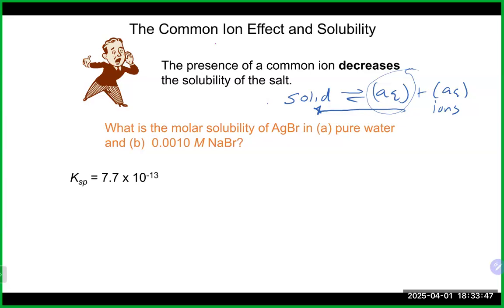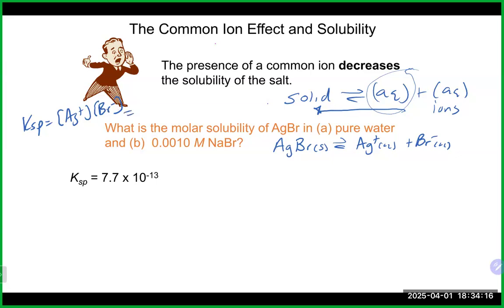So for example, if we look at silver bromide in pure water, the KSP is, I'm assuming, that number that popped up there, 7.7 times 10 to the minus 13. If we did our calculation, silver bromide would break apart into a silver ion and a bromide ion. Our KSP is the silver concentration times the bromide concentration, and that equals 7.7 times 10 to the minus 13.